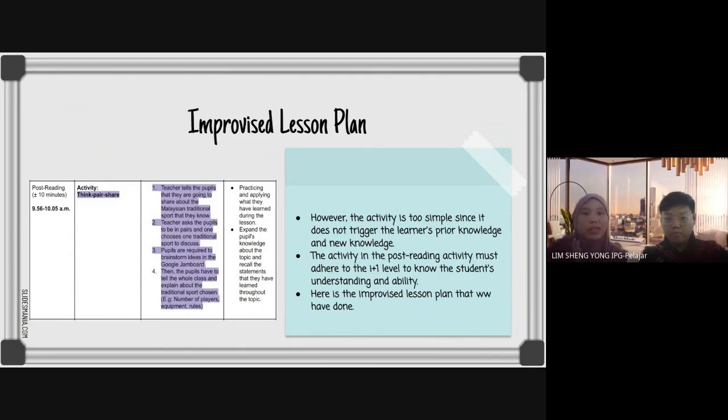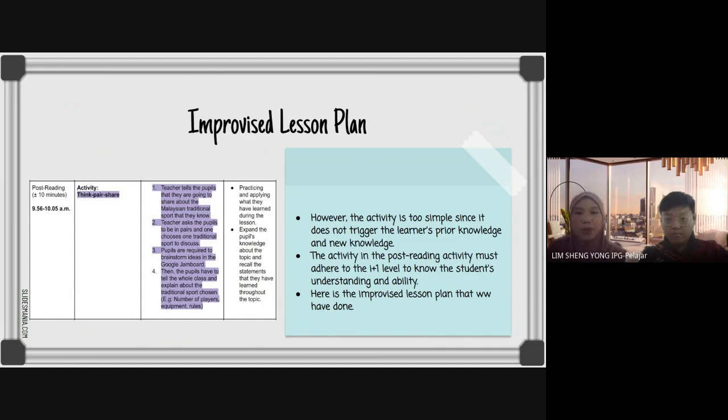There are many more Malaysian traditional sports that the original plan doesn't discuss. So the students have to think out of the box and go beyond their current level, instead of doing the same activity, just dragging and dropping from the earlier information.